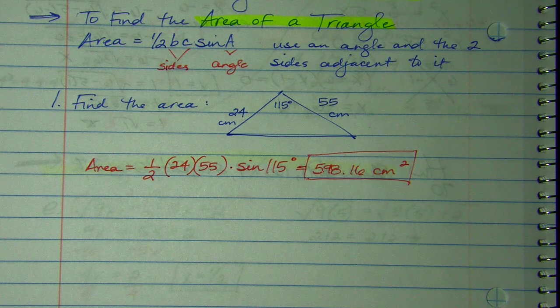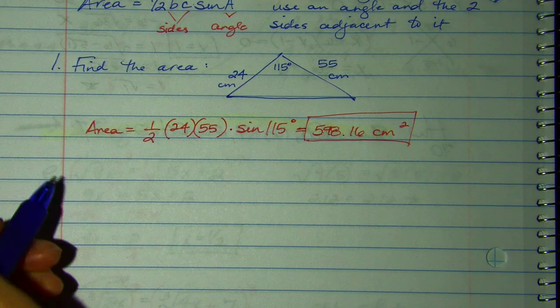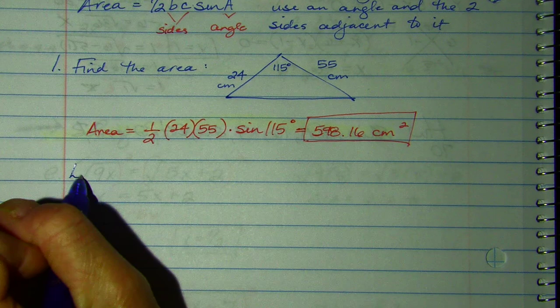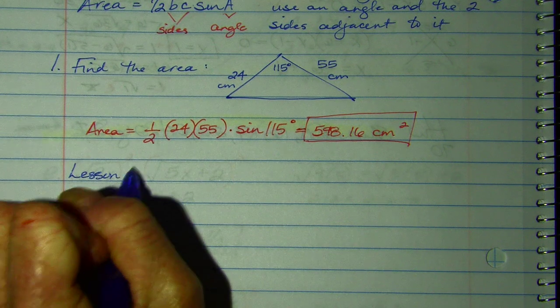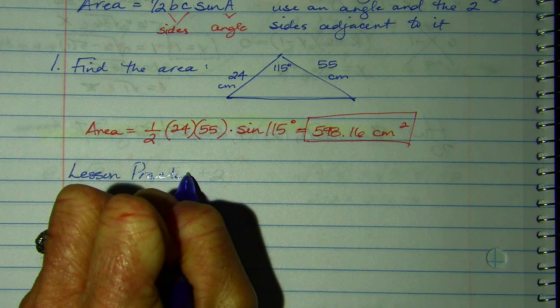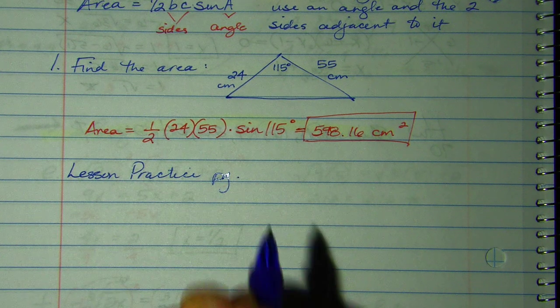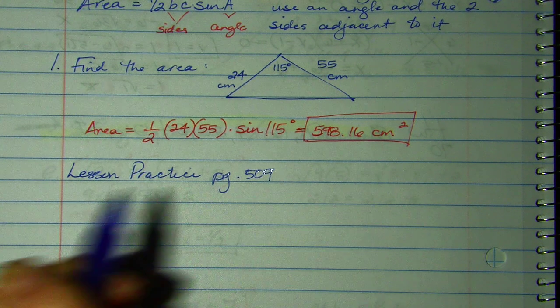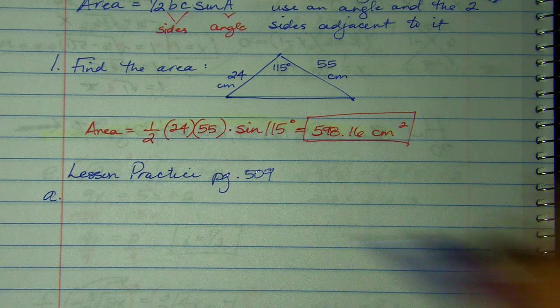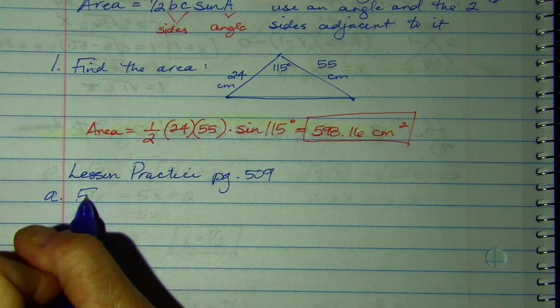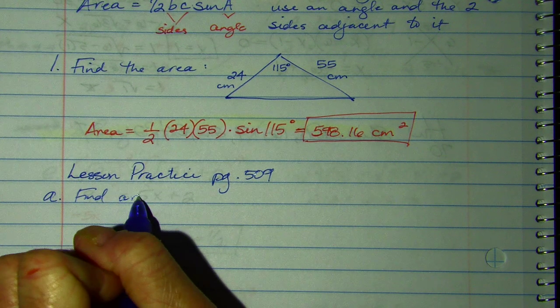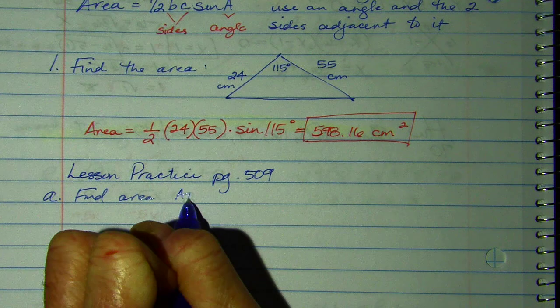Okay, so let's use that knowledge for part A in your lesson practice. Your lesson practice begins on page 509, and we're going to do part A. Part A has us find the area of triangle ABC.